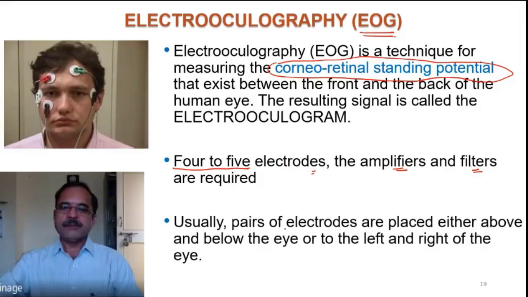Usually a pair of electrodes is placed either above and below the eye, as you see in this figure, or to the left and right of the eye. So these are the possible locations of these electrodes.